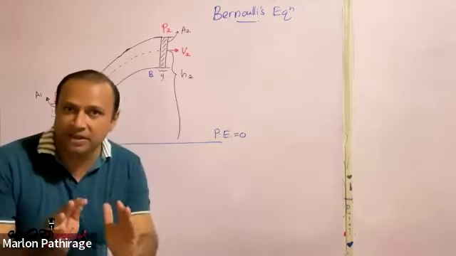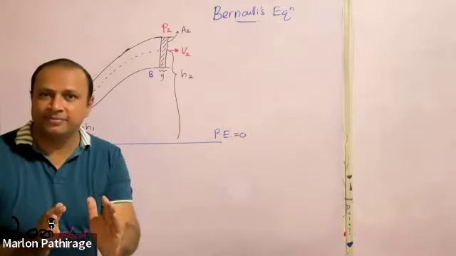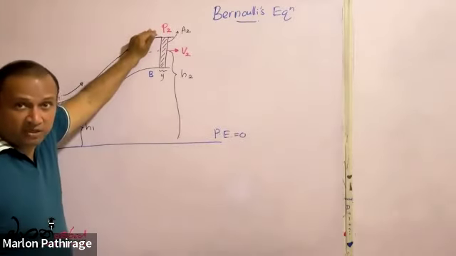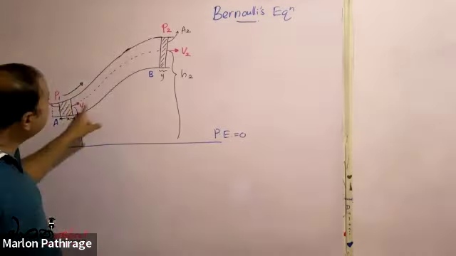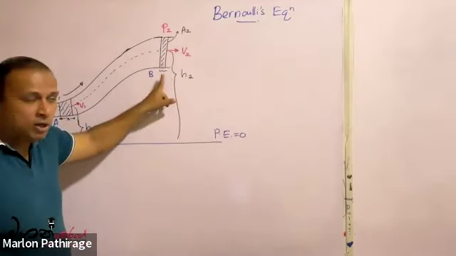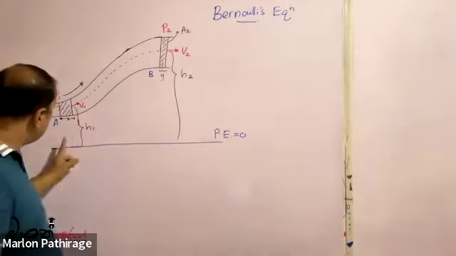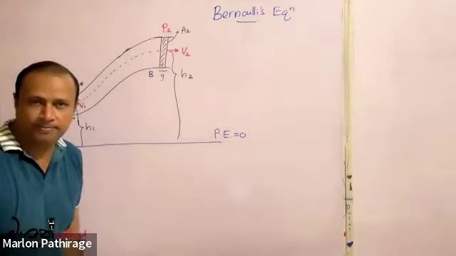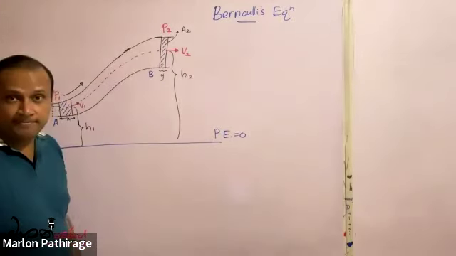So, what is the work done? Due to this pressure difference, the kinetic energy is changed. Not only kinetic energy, but also the potential energy of this particle is changed by this pressure difference.